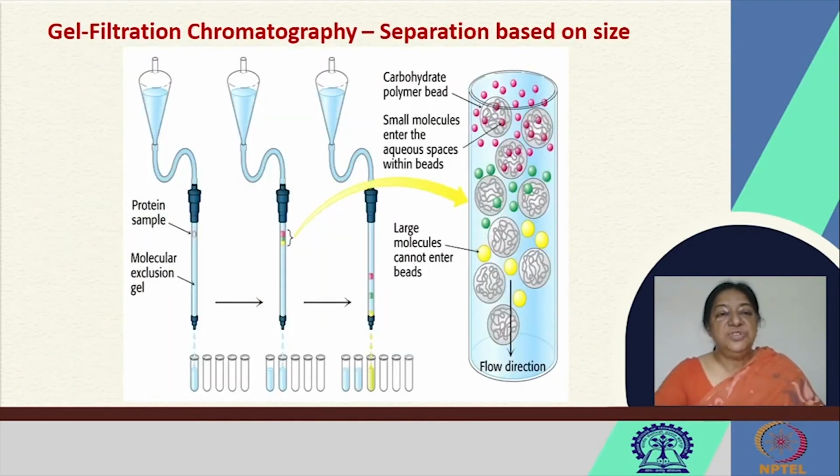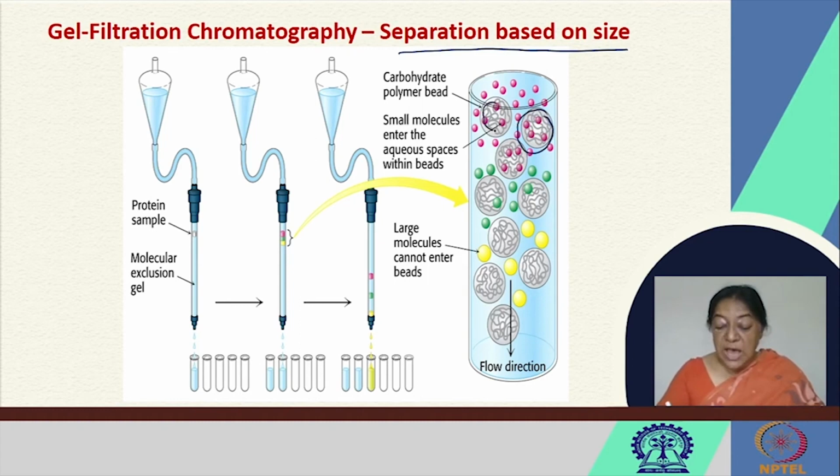So in gel filtration chromatography, we have separation based on size. This is also called size exclusion chromatography or molecular sieve chromatography. In this case, what happens? We have a carbon polymer bead which has within it a network. In this network, the smaller molecules can enter.